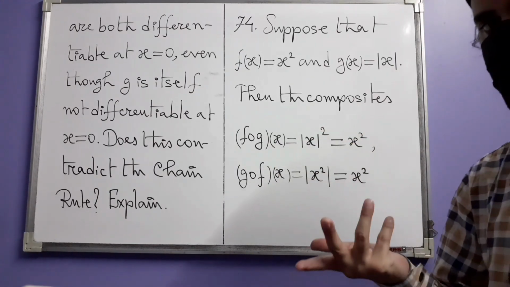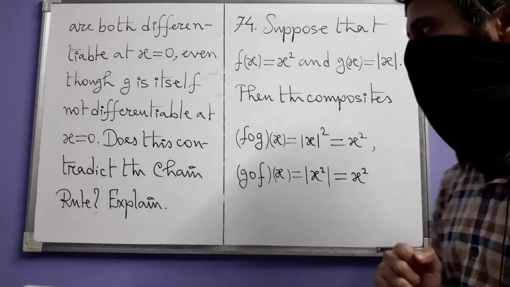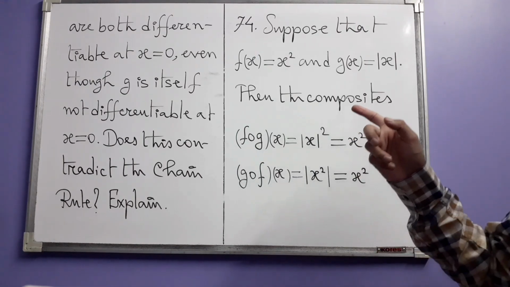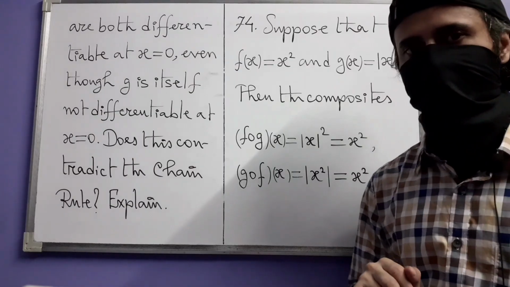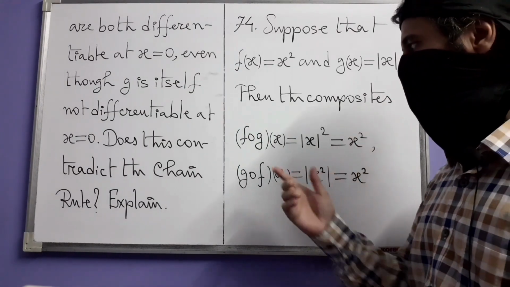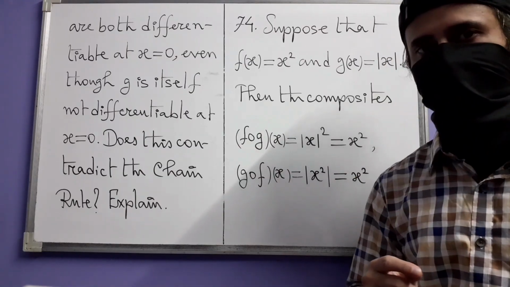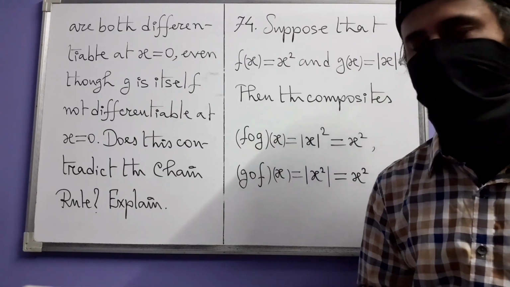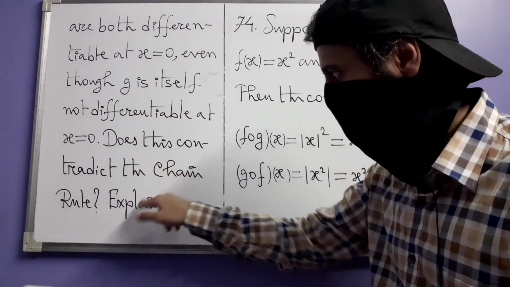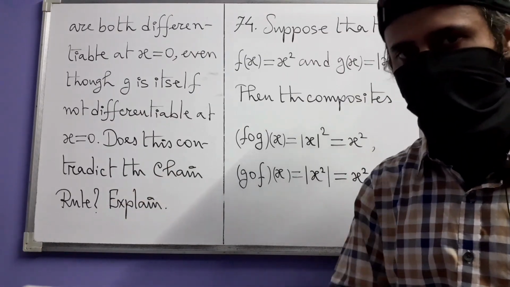They are actually the same function, but we can apply the chain rule. But if one of the functions is not differentiable, while the composites are differentiable, is something wrong? Has this contradicted the chain rule? We have to explain.